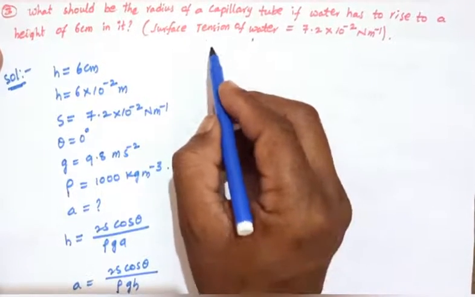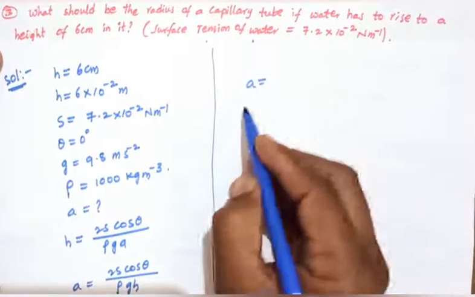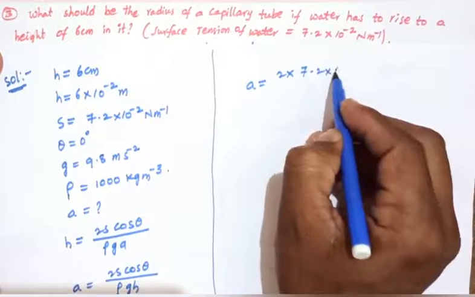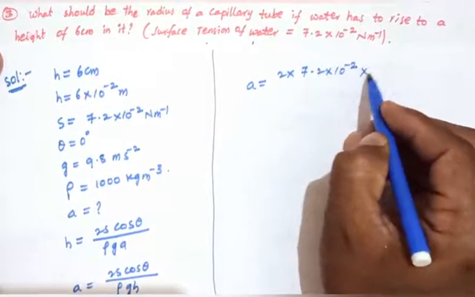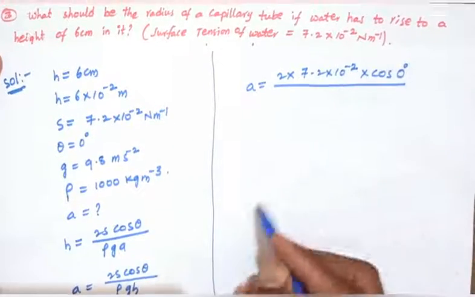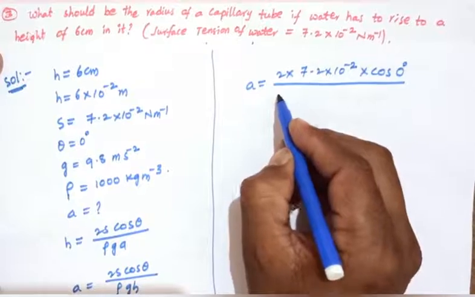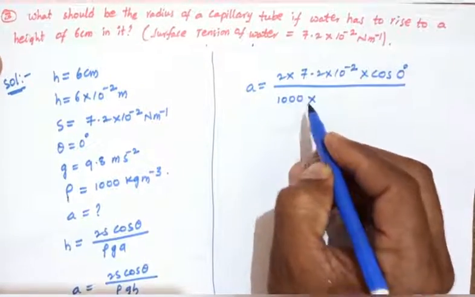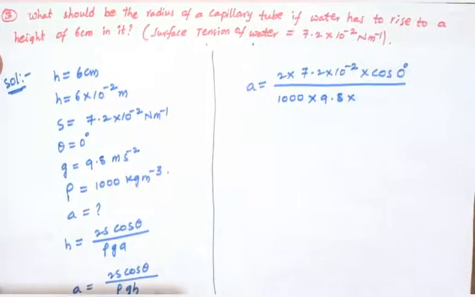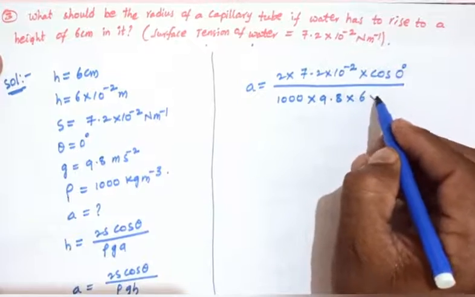So a equals 2 into 7.2 into 10 to the power of minus 2 into cos 0 degrees, divided by rho equals 1000 into g equals 9.8 into h equals 6 into 10 to the power of minus 2.